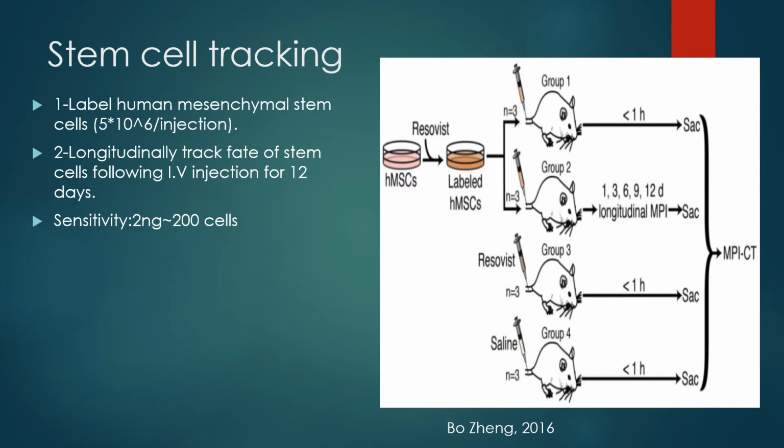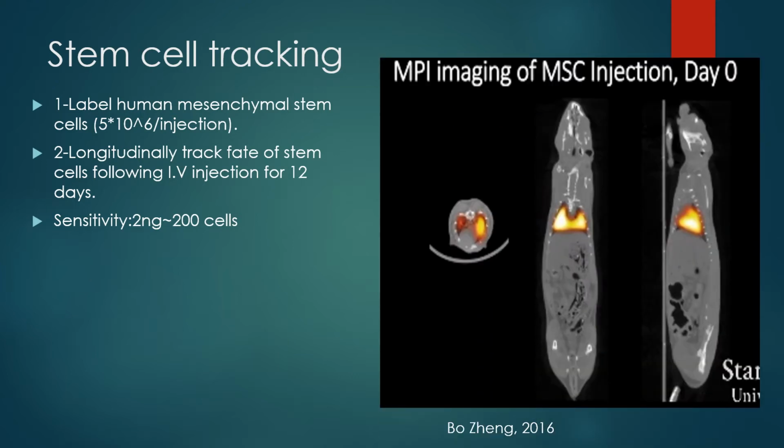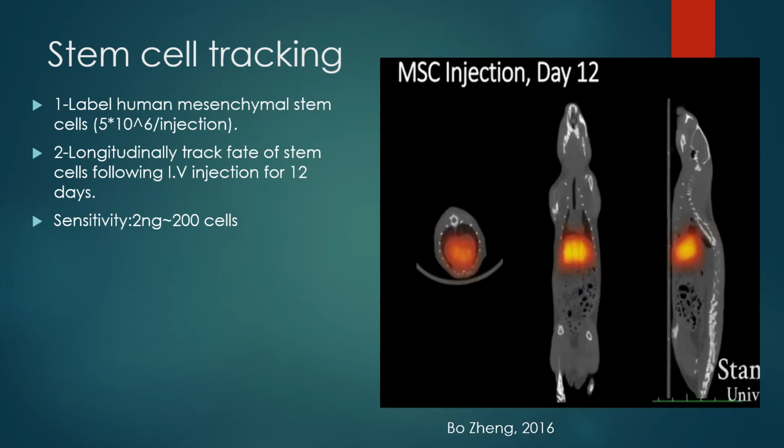Then they injected these labeled MSC cells into mice. At first, when they injected these MSC cells, immediately they got stuck in the mice, but they were not permanently stuck there. After that, they went to the liver, and in that organ, they biodegraded.